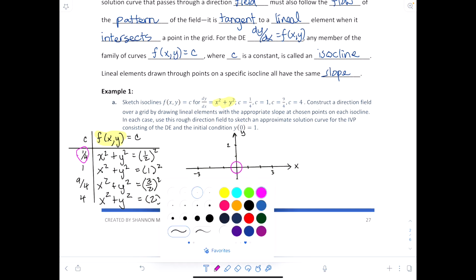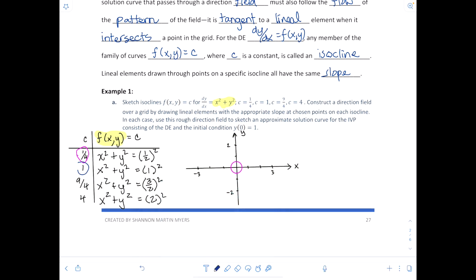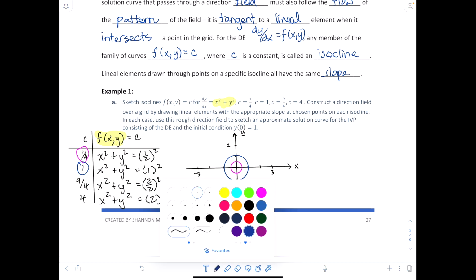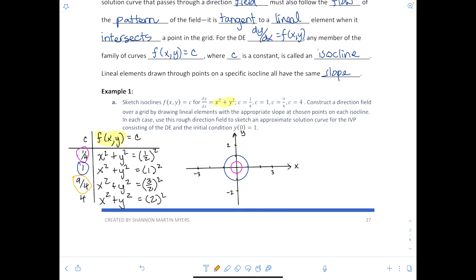And then next circle, let's do a blue one. So we'll do it for c is 1. That one was better, huh? And then next up, when we go to c is 9/4, so we're going to 3 halves, 1 1/2, the quantity squared. So something like that.